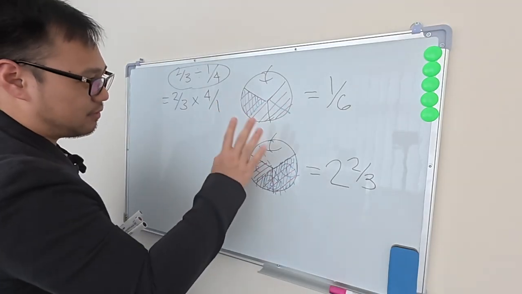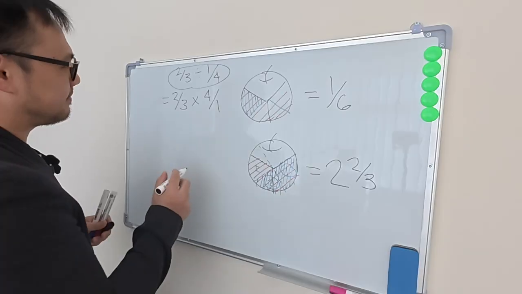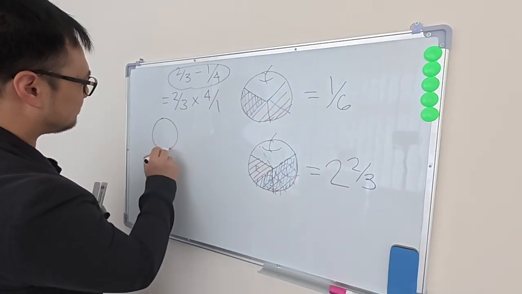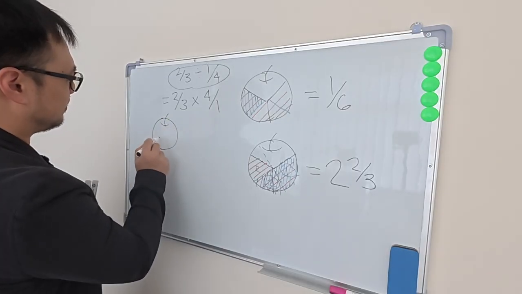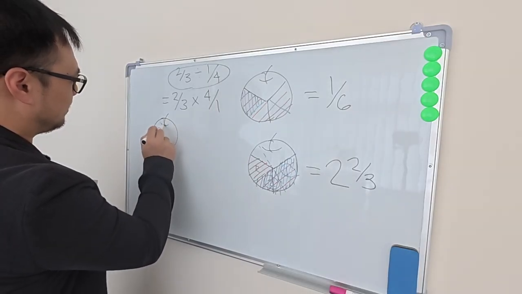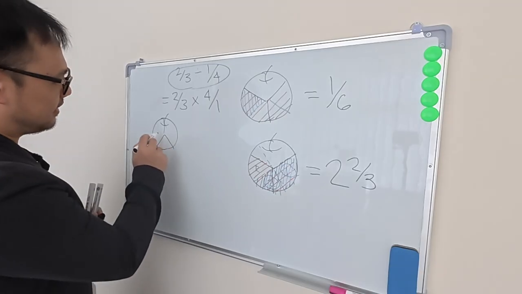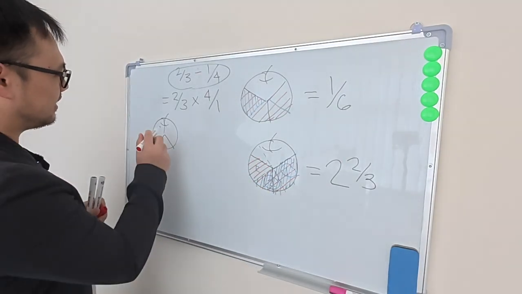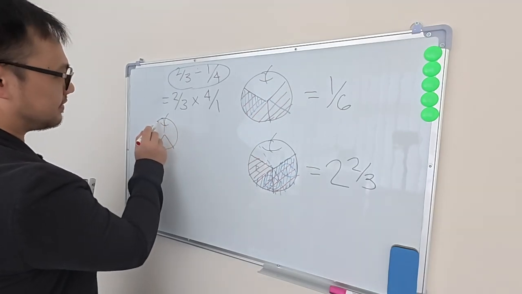Because what happens is, if we were to use the example that Tycho does, what we have is our first apple, right? Okay, first apple, and we're going to divide that again into 2/3. Okay, and I'm going to use the red again. And we're going to get 2/3 of that apple.